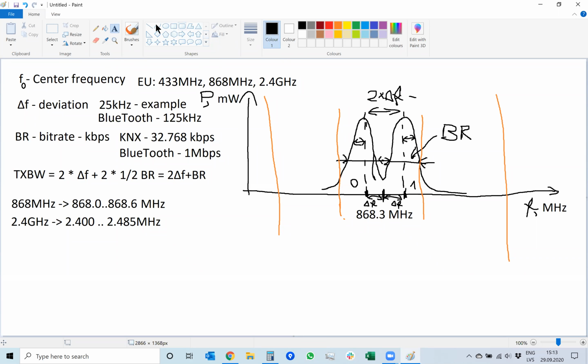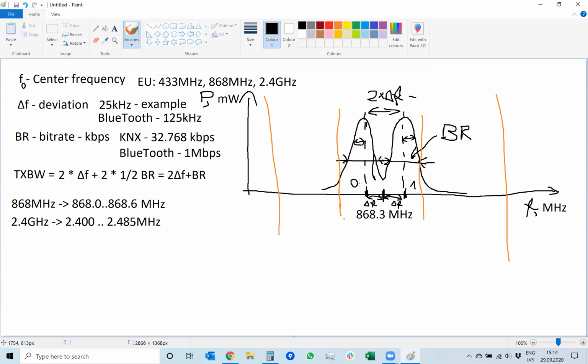And at this point, we can also talk about interference. Well, let's say that we have several wireless systems working nearby, and all of them have chosen to use 868.3 megahertz as their center frequency, so the signals overlap, right? So when two devices send at the same time at the same center frequency with similar deviation and bitrate, actually deviation, bitrate doesn't even matter. The two signals interfere with each other, and usually they just destroy one another.